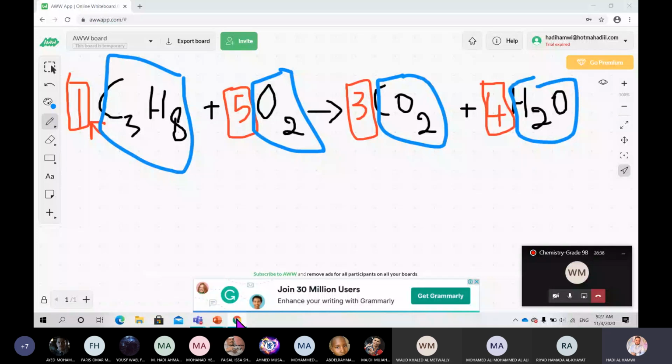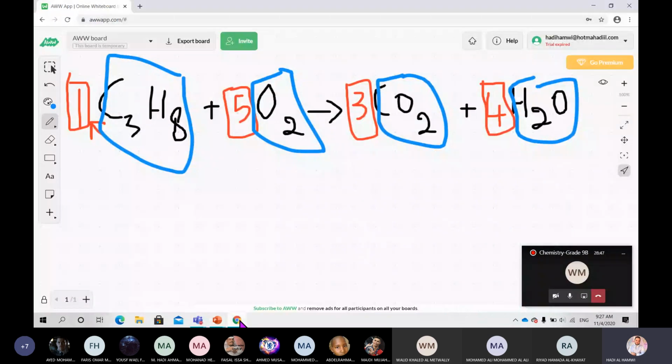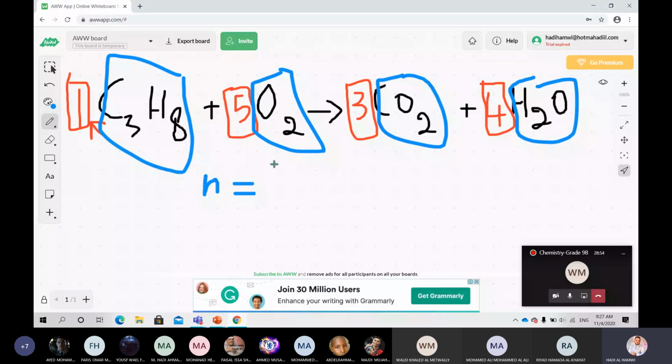How many mole ratios can I write? What is the number of mole ratios that can be written for this equation? You will say n is the number of substances. Here n equals 4. The formula you will use, please concentrate, is n into n minus 1. You just substitute n with 4.